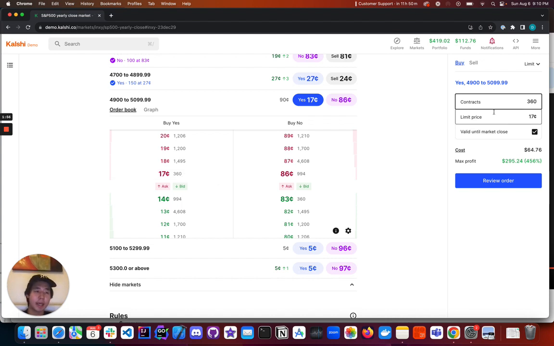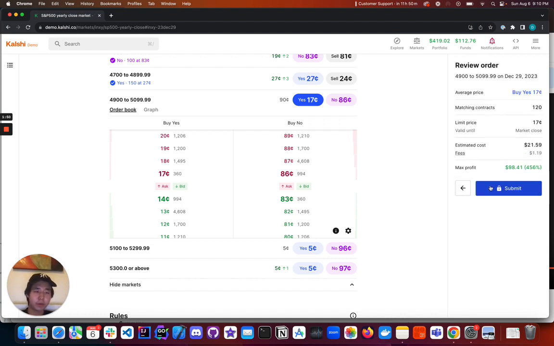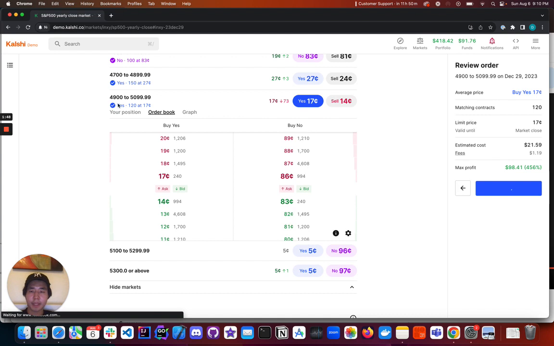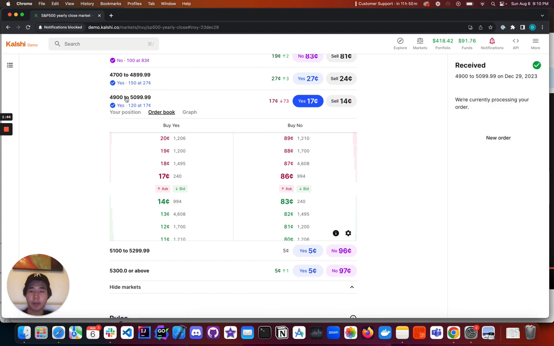And all you have to do is specify the quantity of contracts you'd like to purchase. So let's say you'd like to purchase 120. We can go ahead and submit the order, and boom, right underneath the strike there, you see that your position was confirmed. You now have 120 shares of yes at 17 cents.